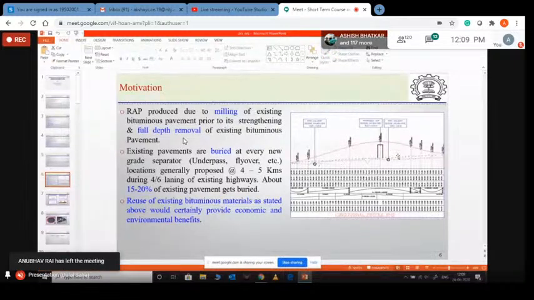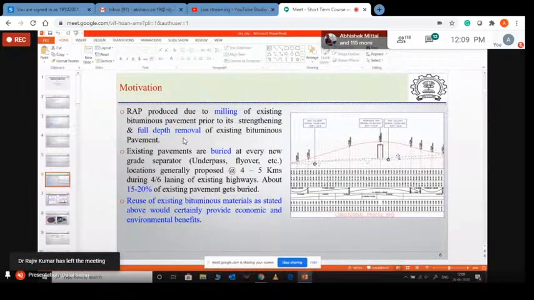Again, the objective was that if this existing material can be taken out, it can be utilized in some form or the other. Basically the main objective was to take the bituminous material out and use it for bituminous mix preparation. But for bituminous mix preparation, the quality requirement of the material is of a very high standard.